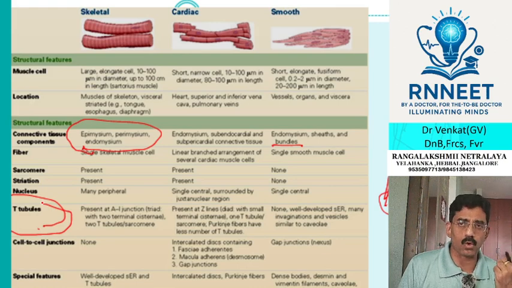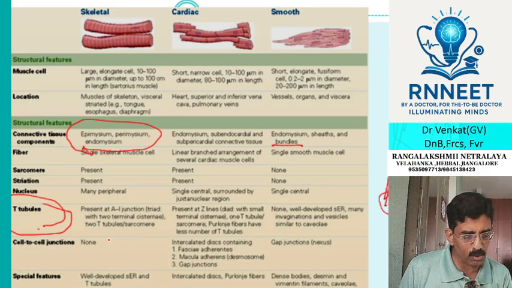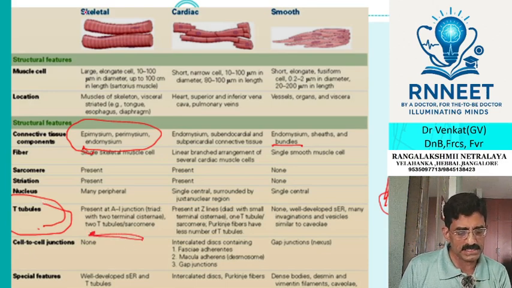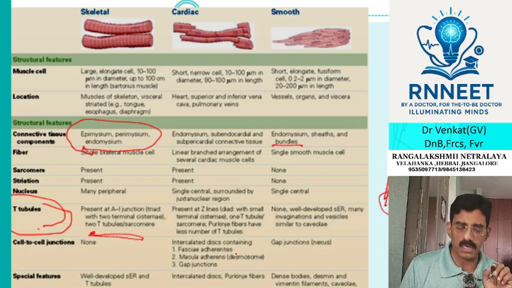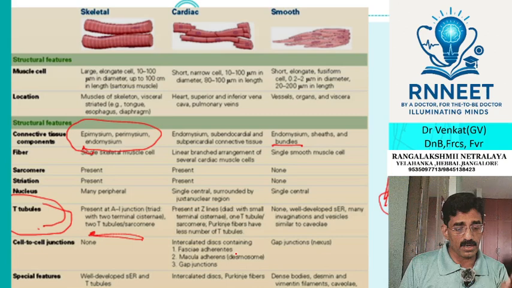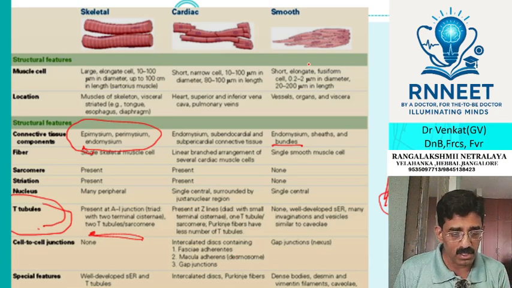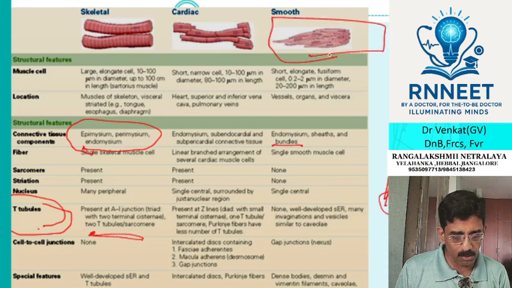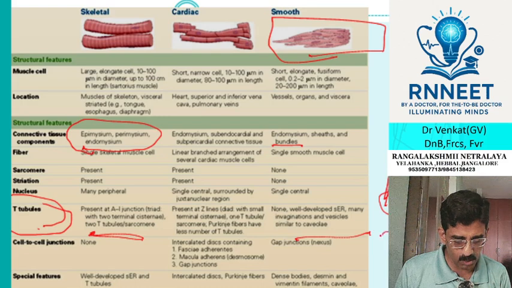That is where the role of the T tubules comes in, which are present more in the skeletal muscles. The cardiac muscle has T tubules but much less. T tubules are absent in smooth muscles.